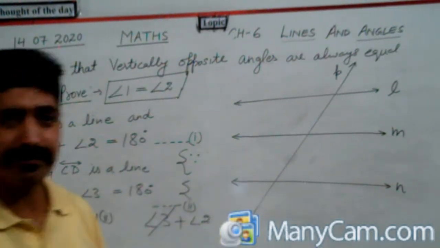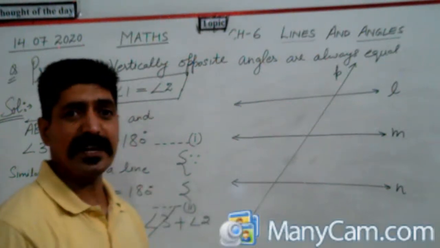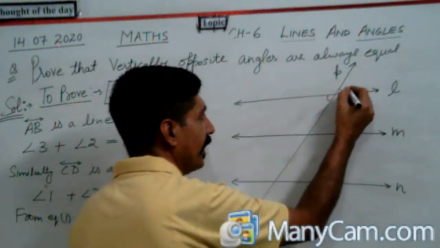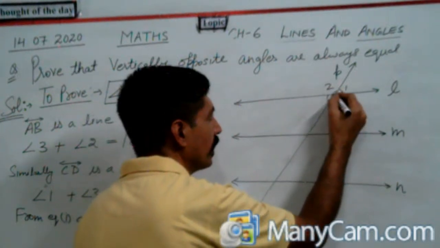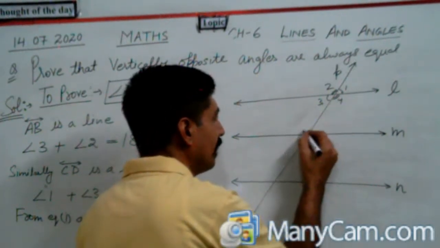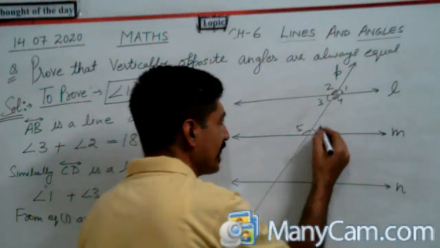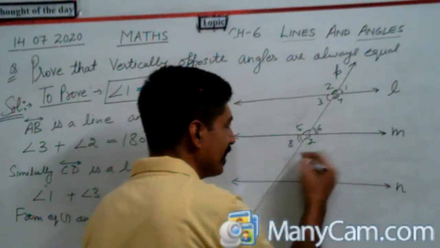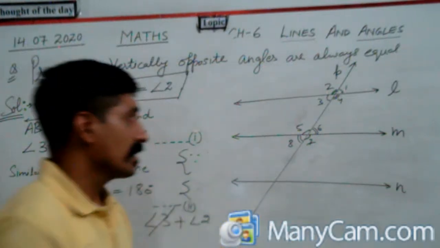Then we have different pairs of angles, right? Angle 1, angle 2, angle 3, angle 4, angle 5, angle 6, angle 8, angle 7, and so on.